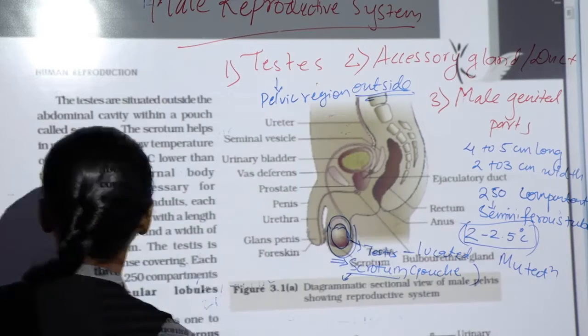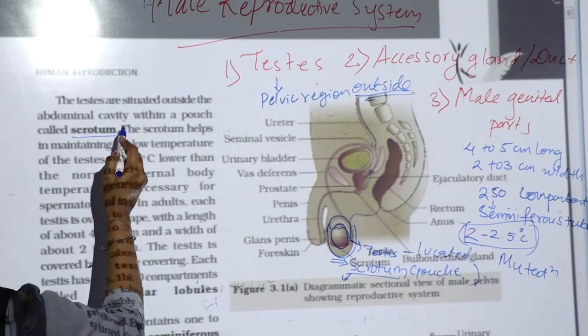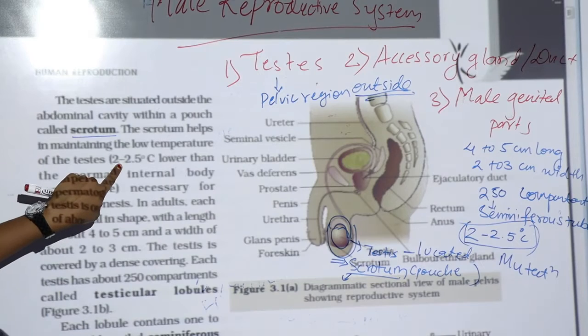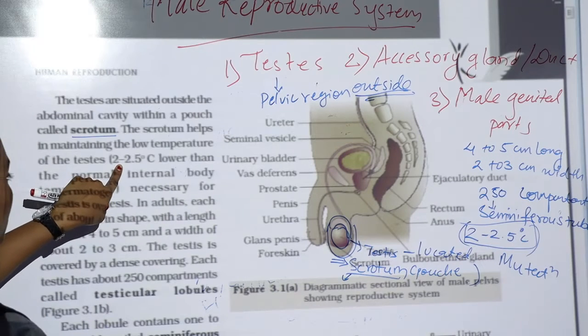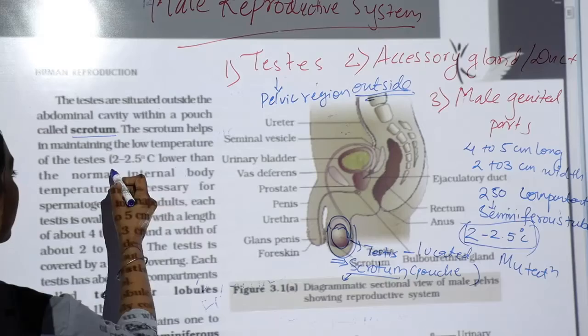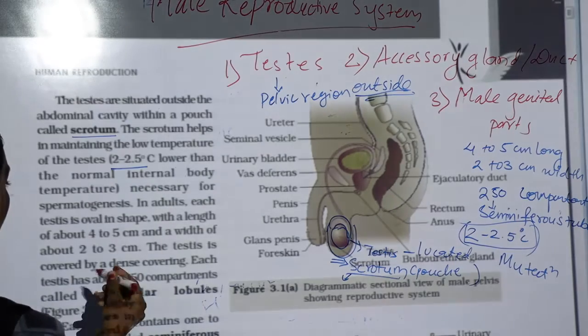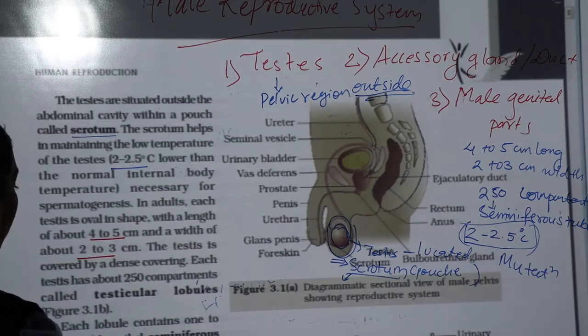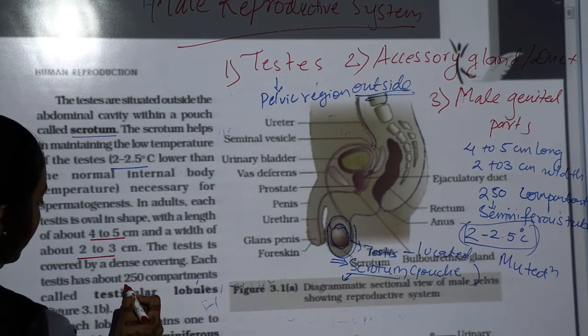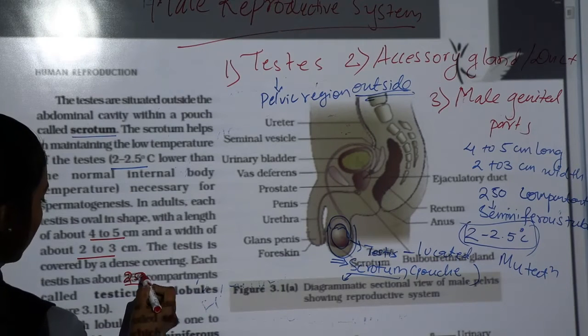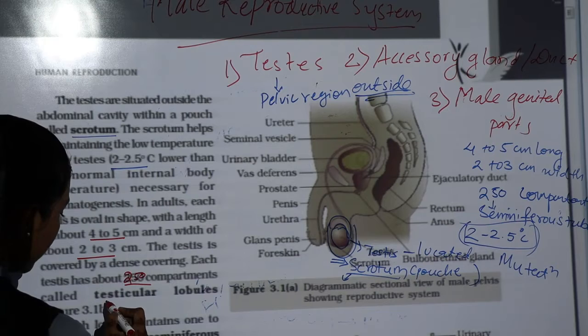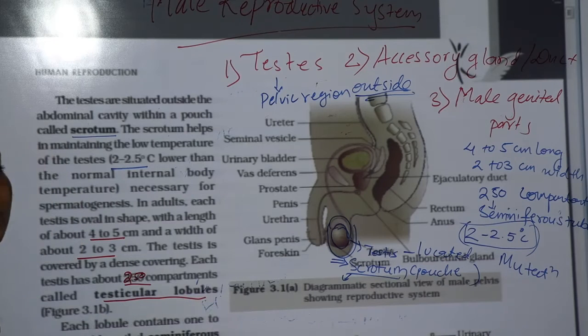Here you can see regarding scrotum, it is written as a cavity within the pouch, and it maintains the temperature 2 to 2.5 degrees Celsius lower. Again the length is given, and see the 250 compartments, here it is written that 250 compartments are called testicular locules.